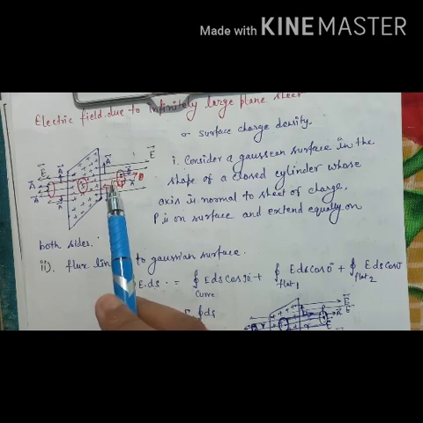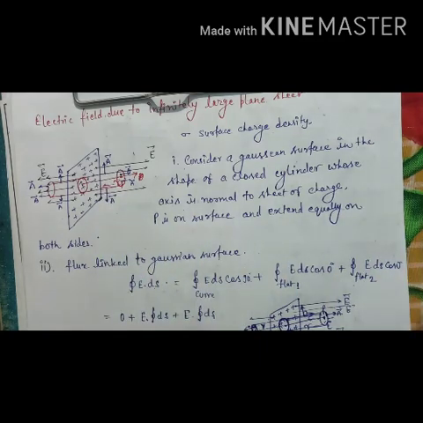We studied in previous lectures that the electric field intensity due to a point charge depends on the distance, but here we have a continuous charge distribution. That is the point to understand.